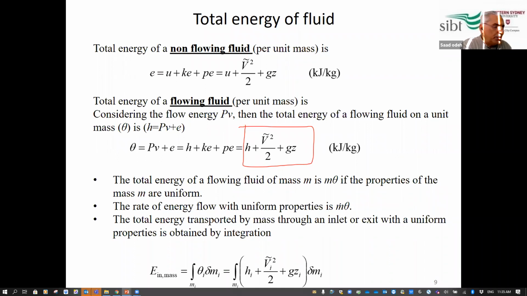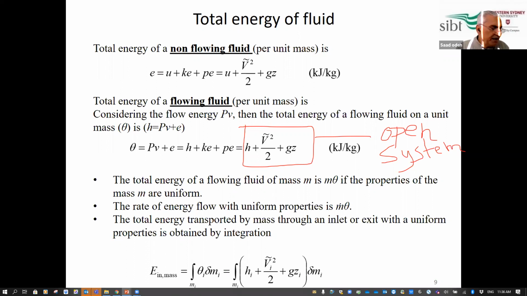For an open system, the total energy is H plus V squared by 2 plus gz. In a closed system, we use U, not H, plus V squared over 2 plus gz. We're going to come very soon to the energy balance of a system. In energy balance, of course, we need to add the work and the Q.